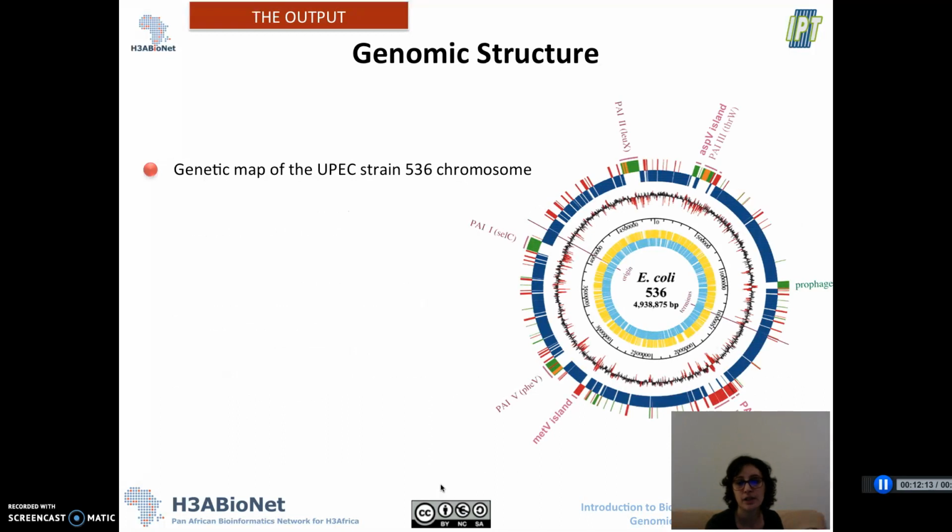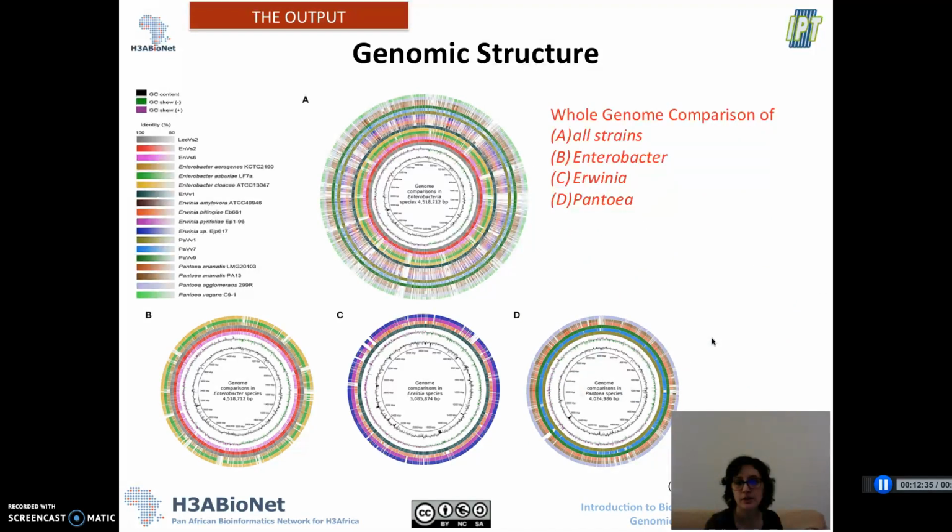You have here another example. This is one unique genome, but you have multi-level comparisons, and here you have the percentage of GC that has been related to specific regions of virulence. Here is the same thing in terms of comparison of different strains.